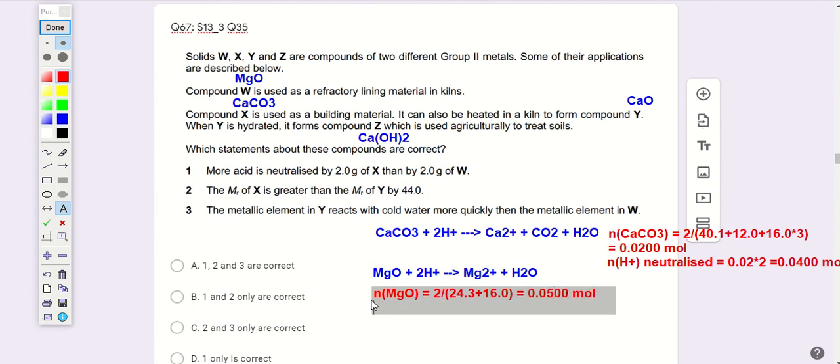So what is the amount of acid that can be neutralized by this 0.05 mole of magnesium oxide? Look at the equation. Again, should multiply by 2.